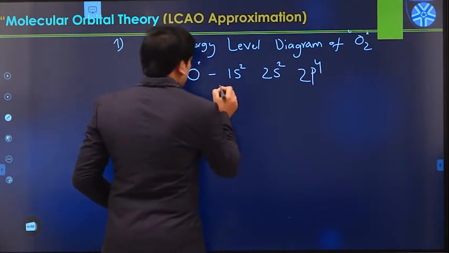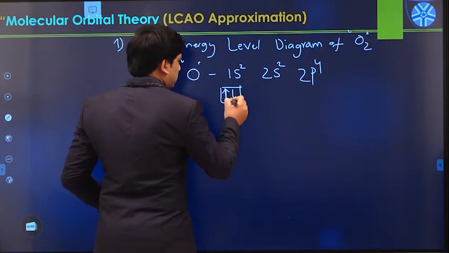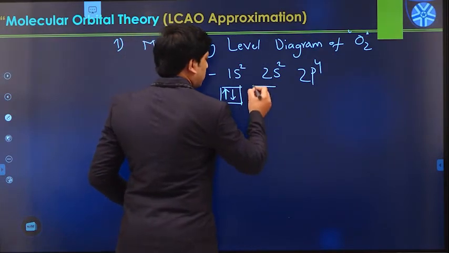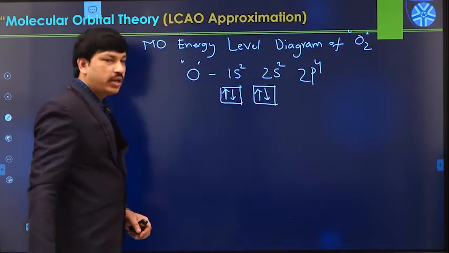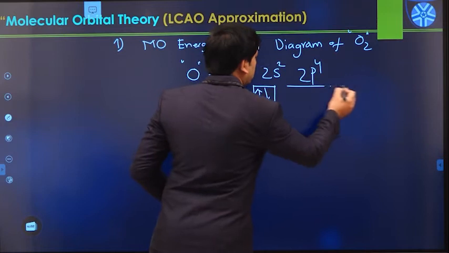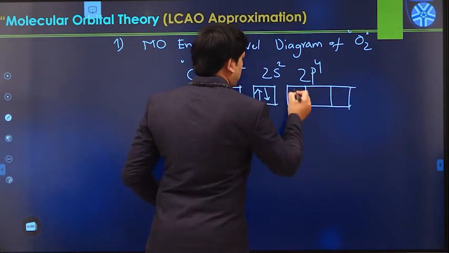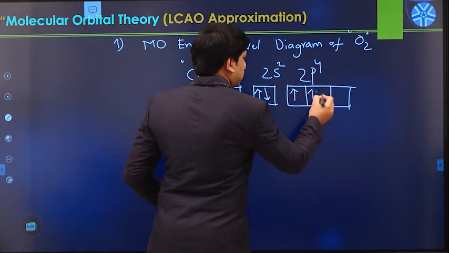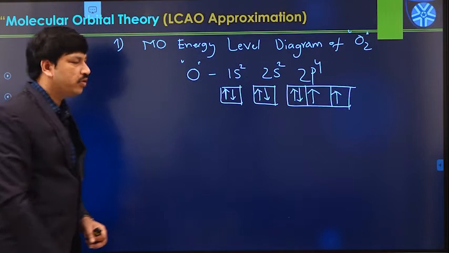That means the 1s orbital contains 2 electrons, the 2s orbital contains 2 electrons, and the 2p orbitals contain 4 electrons like this.